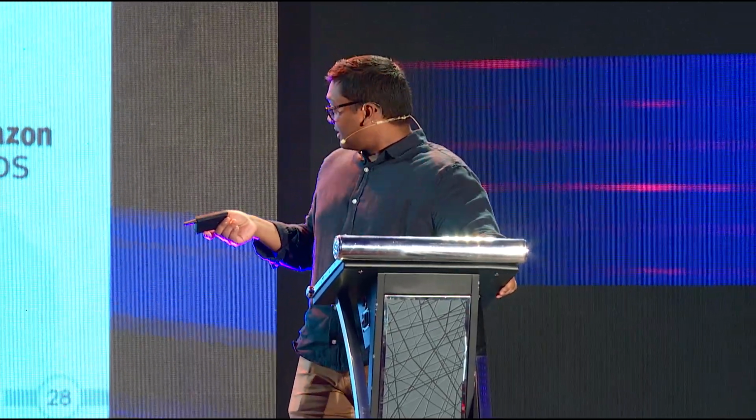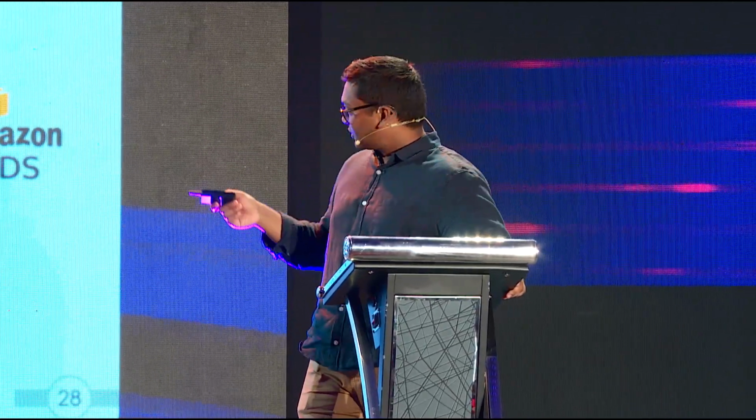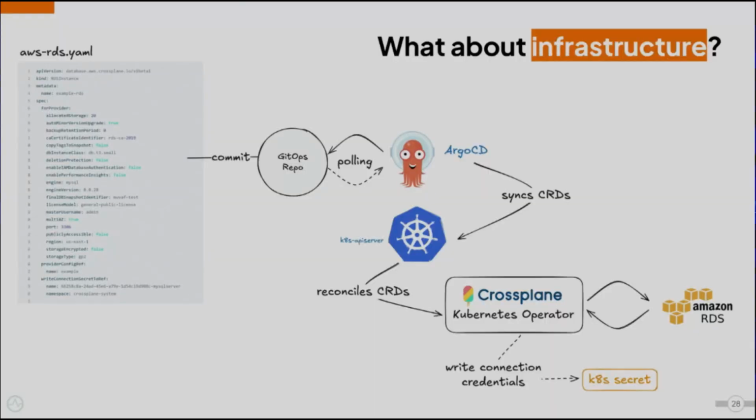And there it gives you a lot of convenience functions, like it'll write the connection credentials, if you're creating an RDS for the first time, into a Kubernetes secret. And your deployment or your application can refer to that secret and just connect to RDS. Now, it's not as simple as this example, but I hope you get the general idea.